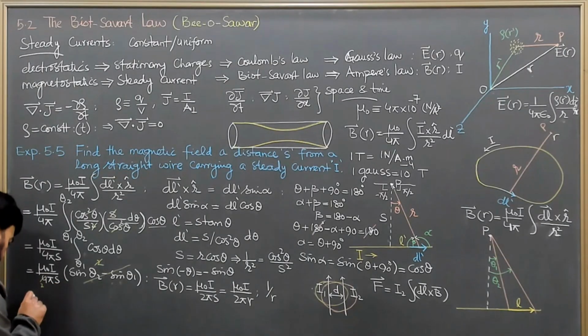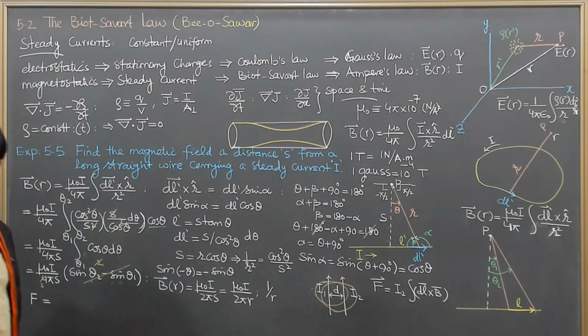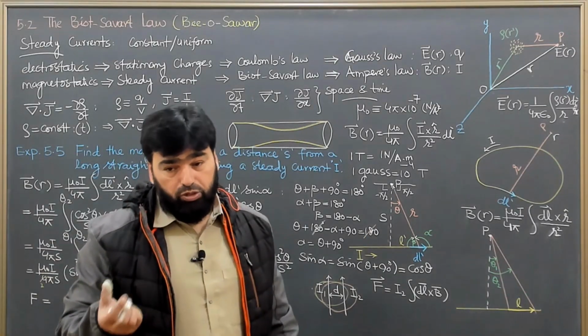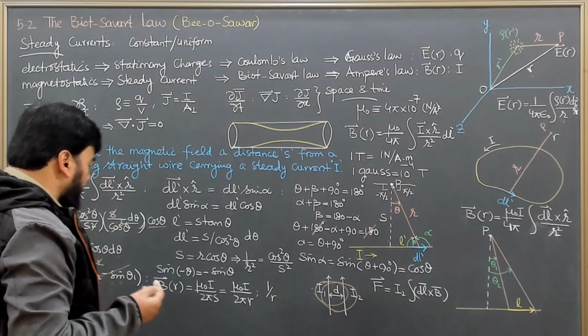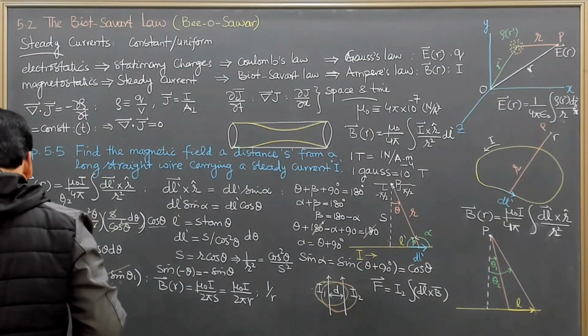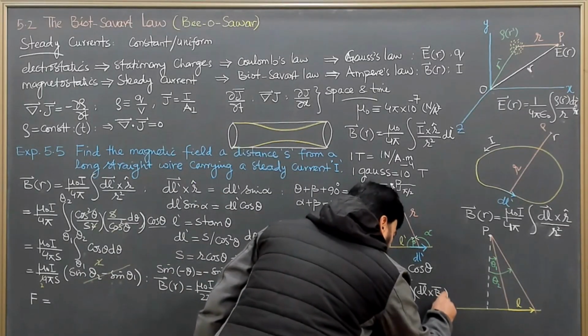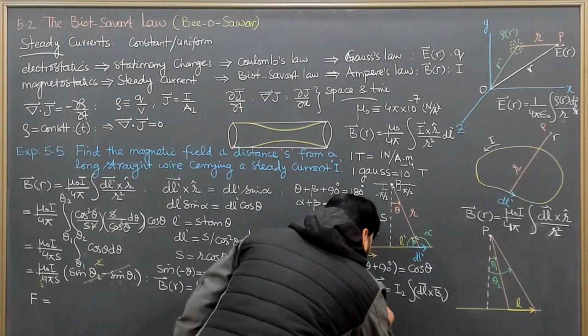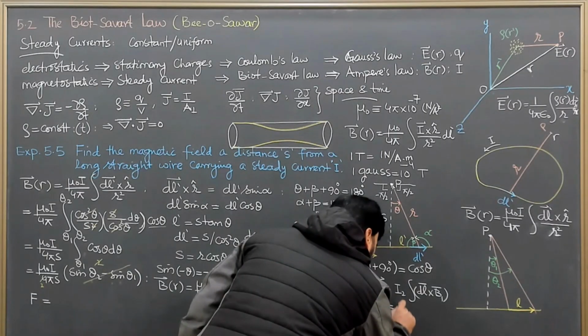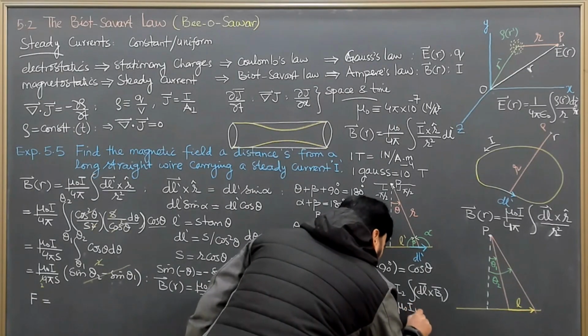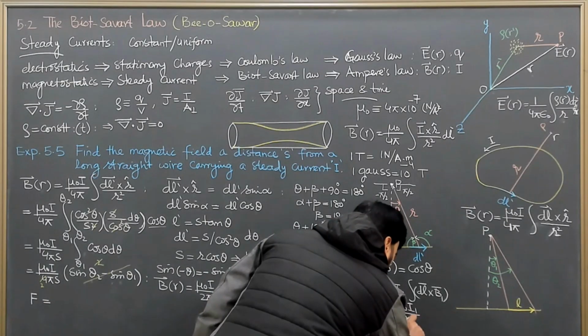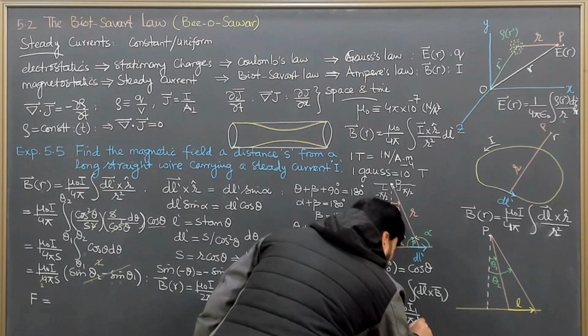I can write the force between the two wires in scalar form because dl and B are exactly perpendicular to each other, so it will be sine of 90, which is equal to 1. The magnetic field of wire 1 is B1, equal to mu naught I1 over 2 pi d, where d is the distance at which I am measuring this field.